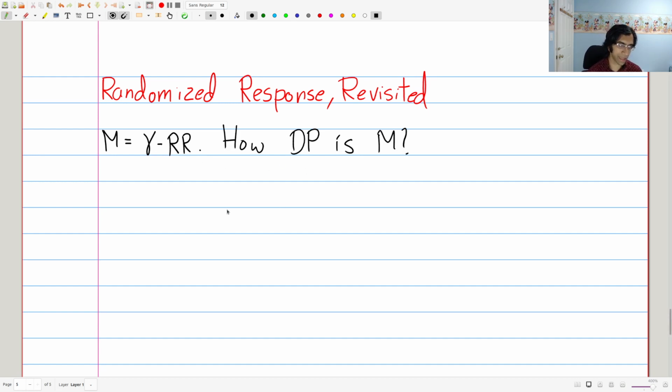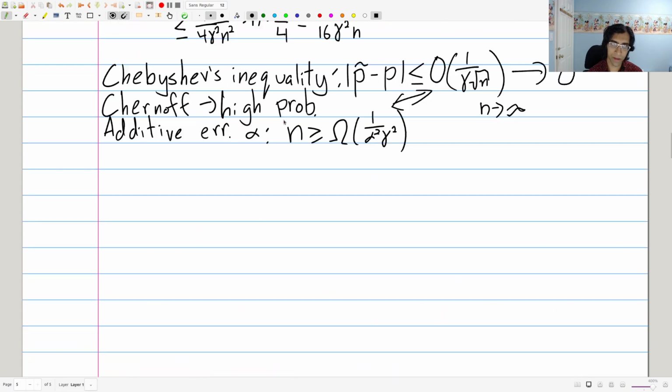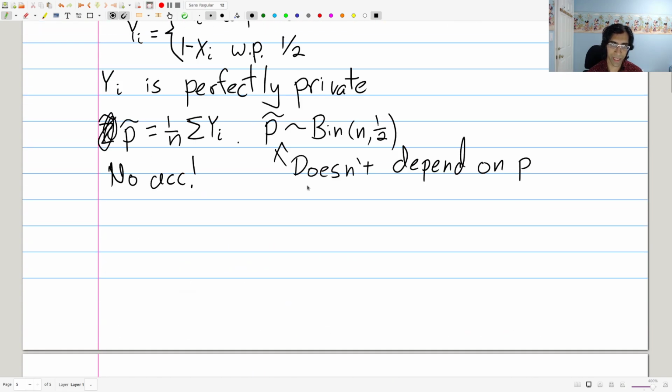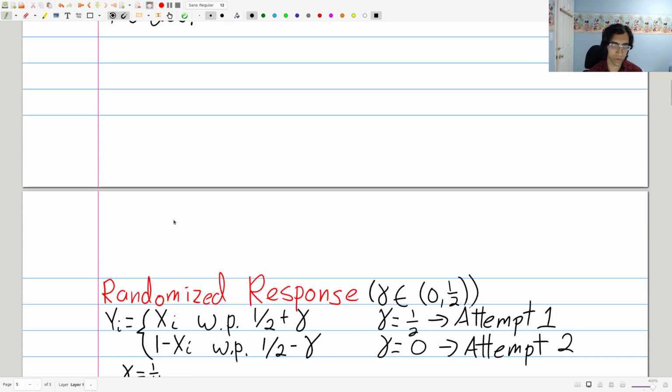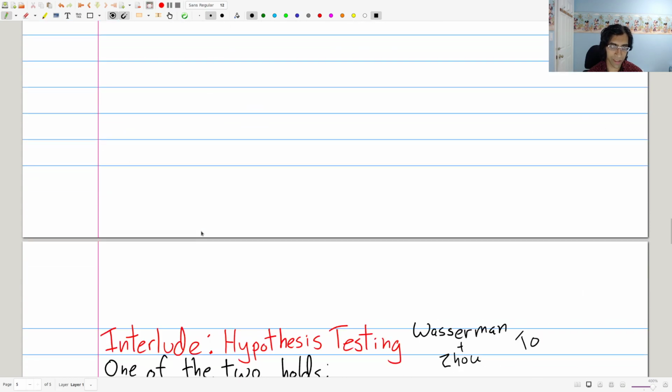So let's try to analyze how private it is. Going all the way back, what is randomized response? Essentially, each individual flips their bit and sends the message yi, even if their private data is xi. So we're going to analyze differential privacy of this string.